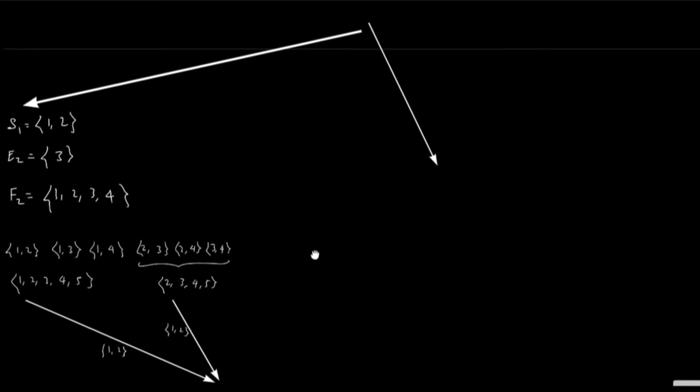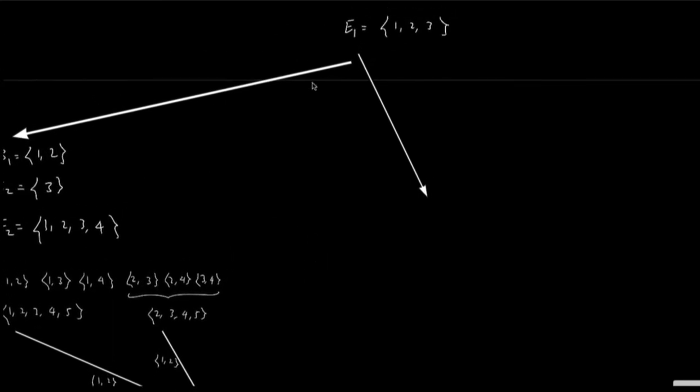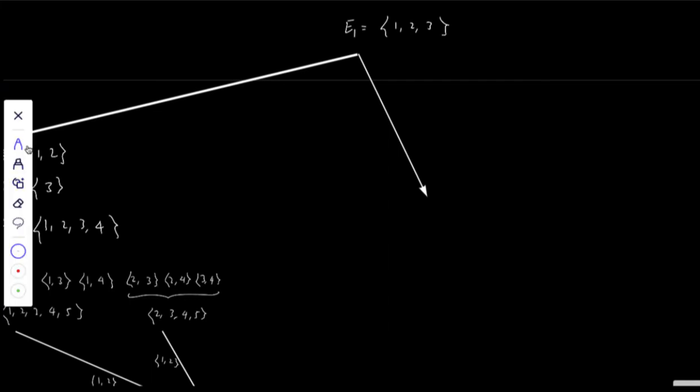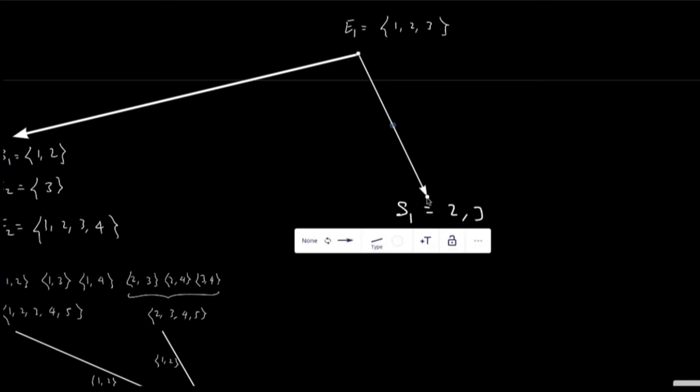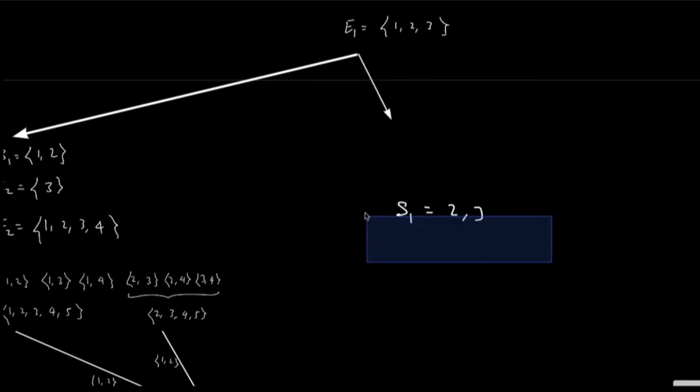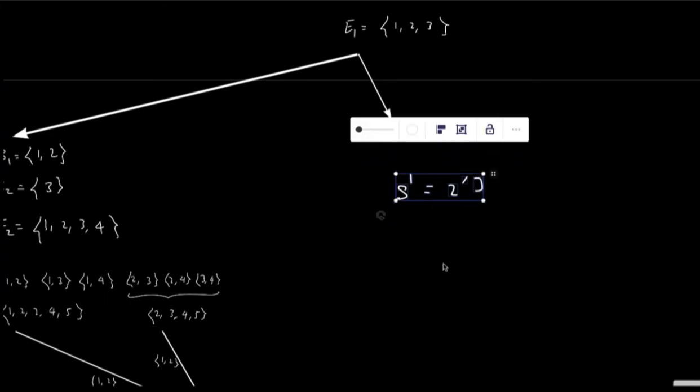Let's see when E1 is this one, let's say. So in this situation, what we see is that S1 is here. We have chosen 1, 2. So S1, what we call that is 2, 3, right? And S1 will become 2, 3.